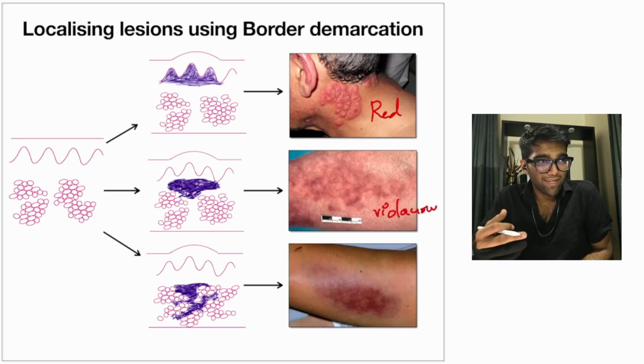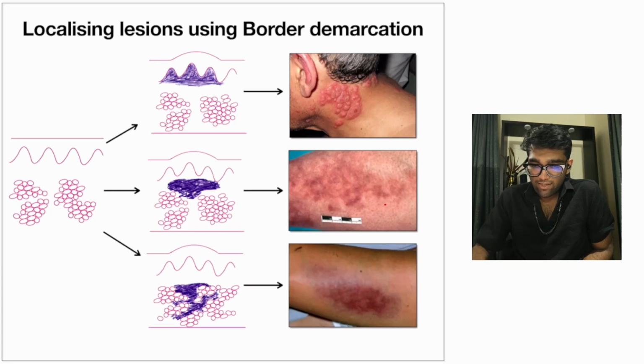They're almost purple in color. So as you can see, the color of the lesion is also changing depending on the depth. As the lesions get deeper and deeper within the skin, their color becomes more and more blue.